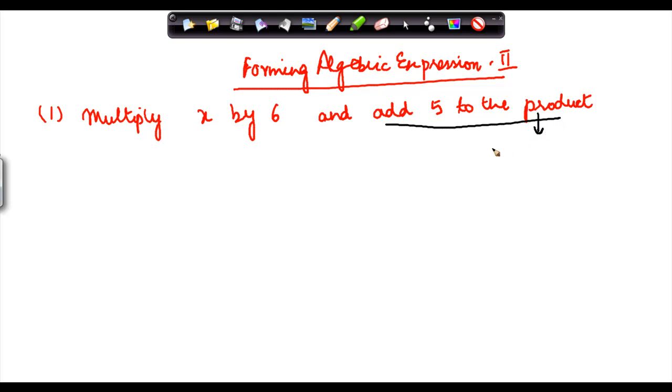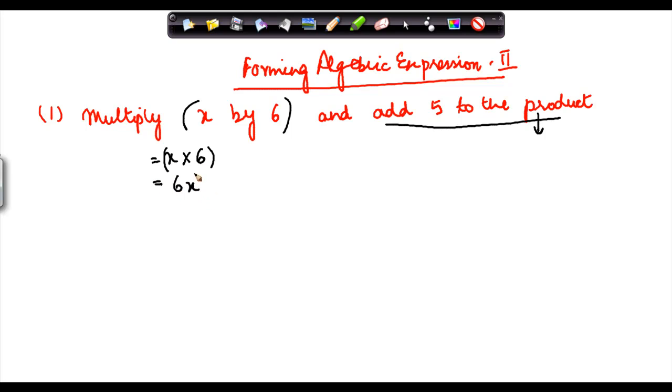So basically the first thing I need to do is to find out the product of these two numbers. So how do I multiply x by 6? In the previous example, I had taught you that if you have to multiply a variable by a number, you simply do it the way you multiply your numbers. So I multiply x by 6, I would get 6 times x.